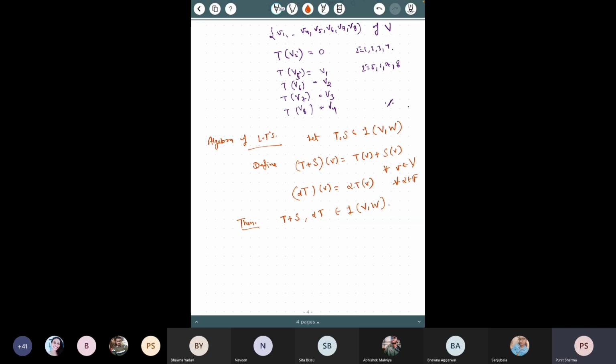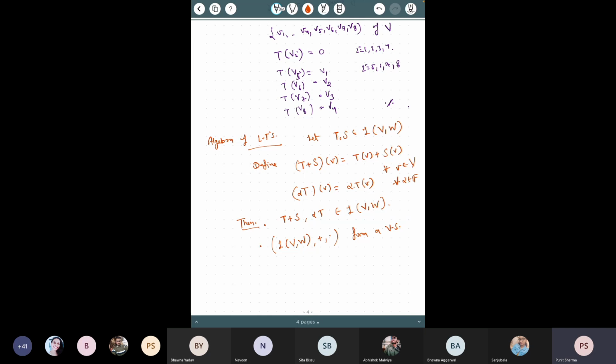In fact, you can show that this set L(V, W), the collection of all linear transformations from V to W, together with these two operations, addition and scalar multiplication as defined above, forms a vector space. Right?